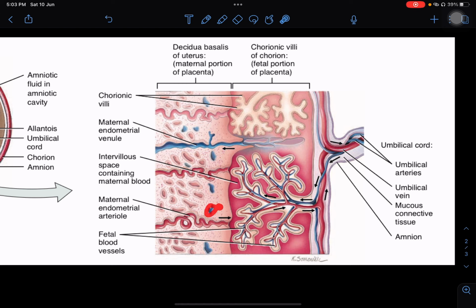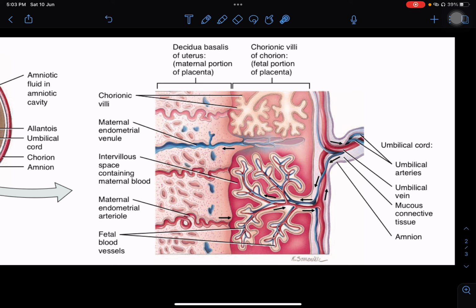Oxygen and nutrients will be released from the maternal blood and diffuse inside the chorionic villi. From there, it will move towards the embryo through the umbilical vein and umbilical arteries. The waste materials from the embryo will be released to the pool of mother's blood. From there, it will be absorbed to the mother's body.